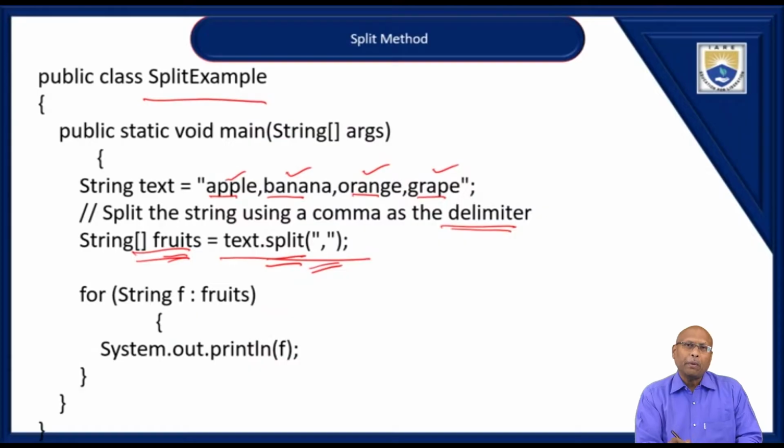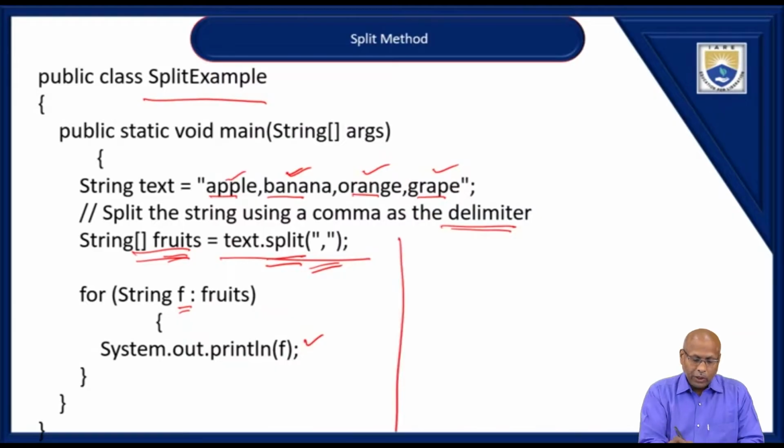After getting the array of strings, I want to print them one by one. So you can put a loop with a string variable. It will fetch the first string, apple, then print it. Then next, fetch banana, then orange, and then grape. Once you split, it will create an array.